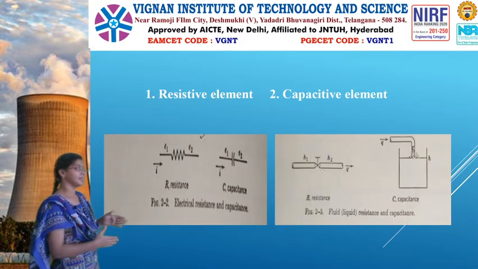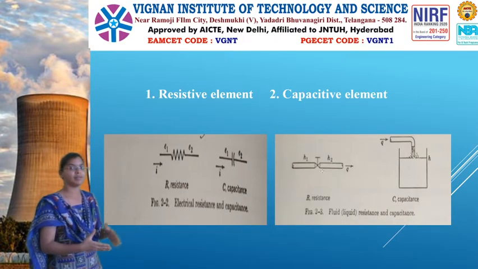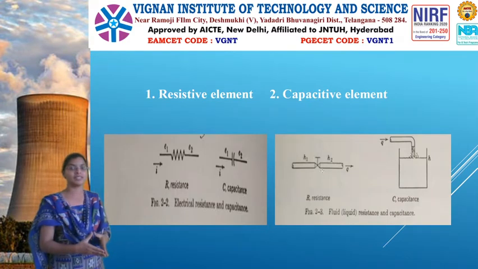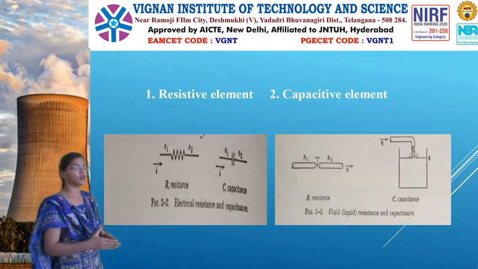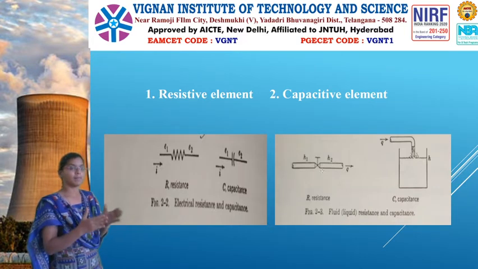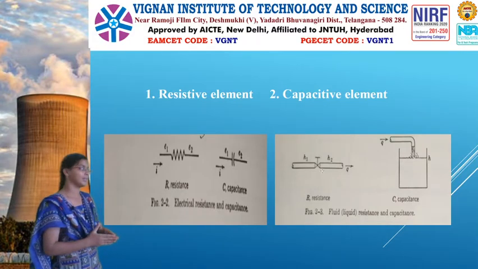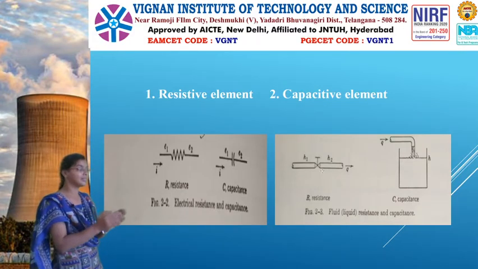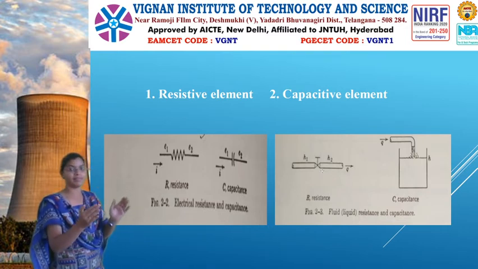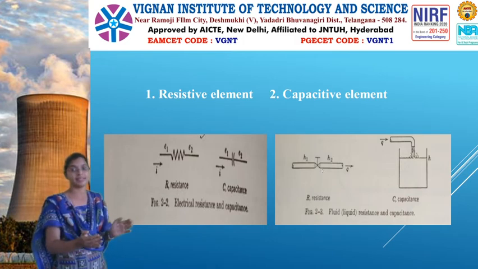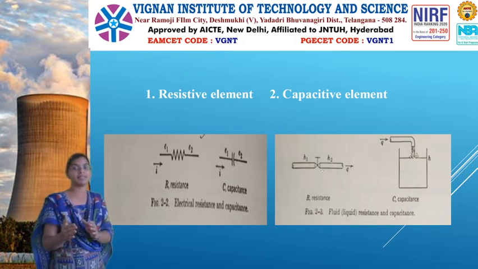The next basic element we are going to use in a process industry is the capacitive element. How are we relating it to normal industries? Capacitance stores energy in electrical form, that is electrical capacitance. Wherever the storage capacity is there, that will possess a capacitance element.